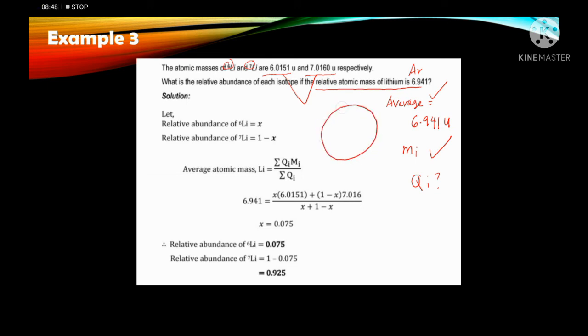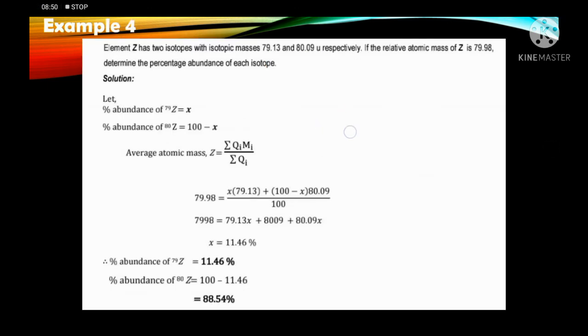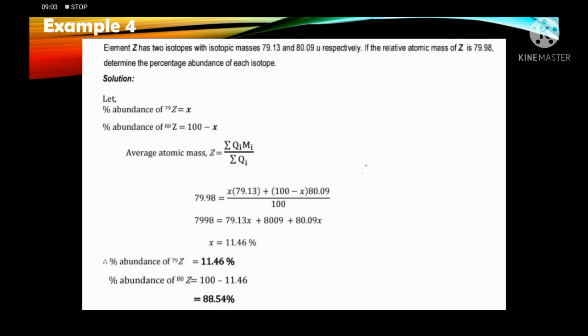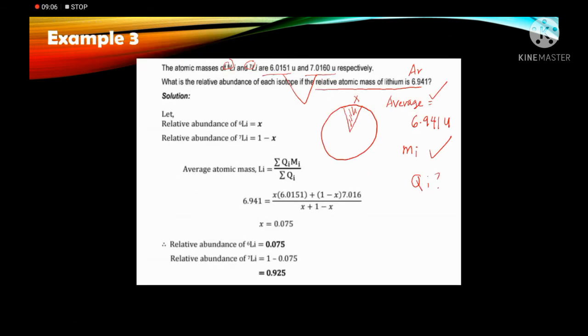If you have a piece of cake, if the first is the first part, okay, this is X. Okay, what is the balance? Okay, the balance is 1 minus X, something like that.